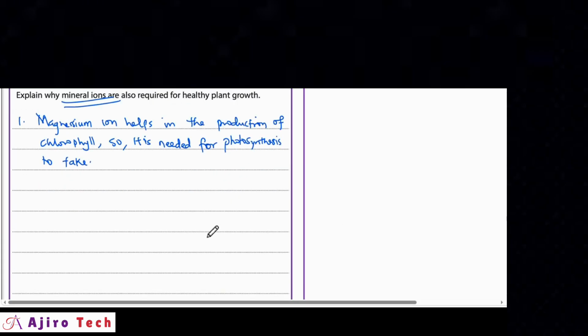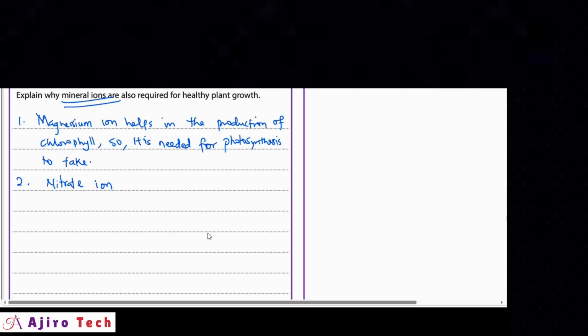We can also write for nitrate ion. Now, in plants, nitrate ion is used to synthesize protein, plant protein. And you know that plant protein is important in the production of enzymes in plants.